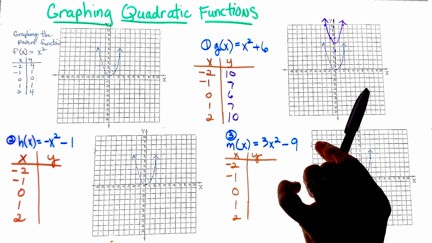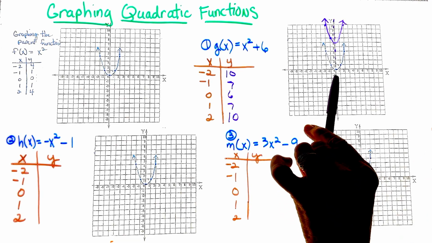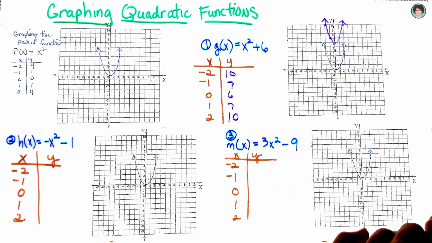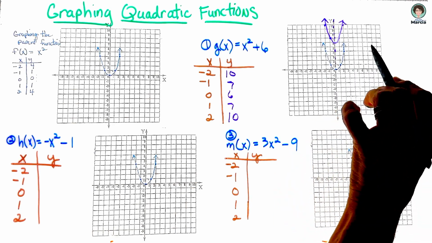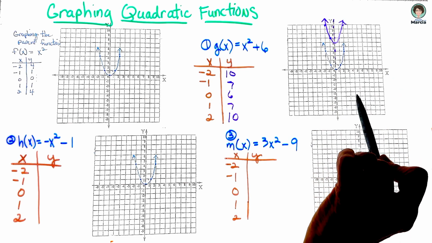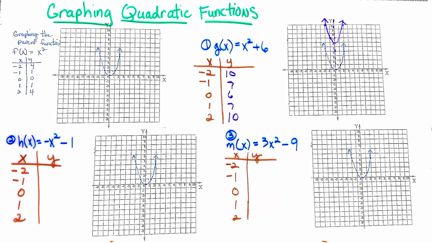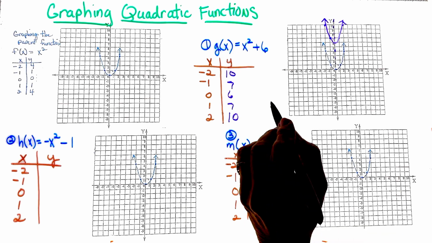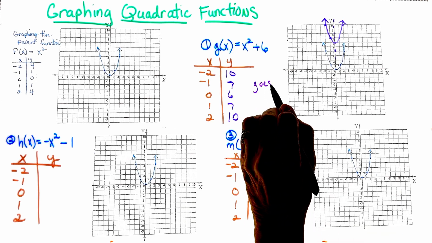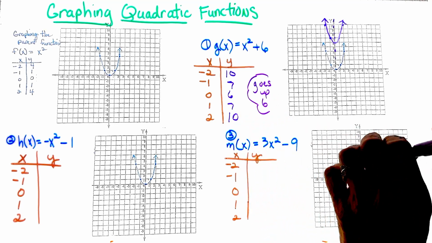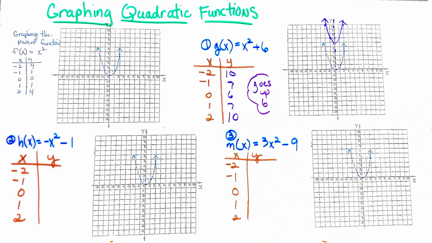If I'm making a comparison from this to here, you'll notice they really are the same width, but this goes up 6. It's what we call translated up 6. So how does it compare to the parent function? It goes up 6. That's the comparison to the parent function, which is in the blue.